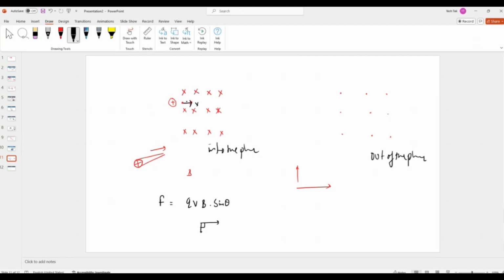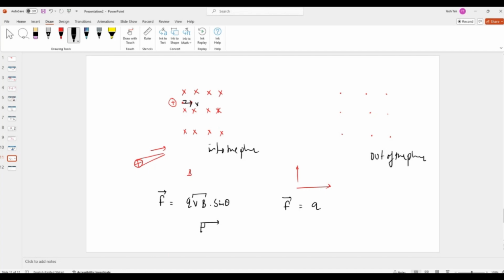Right now it is 90 degrees because the magnetic field is inside and the charge is moving like this. So in this particular case, the angle between the velocity vector and the magnetic field vector is basically 90 degrees. In vector form, since this is a force, there is another way by which we can represent this force vector.